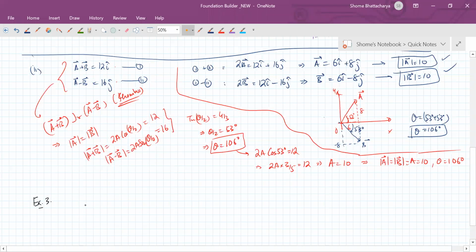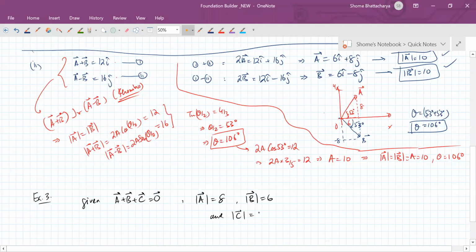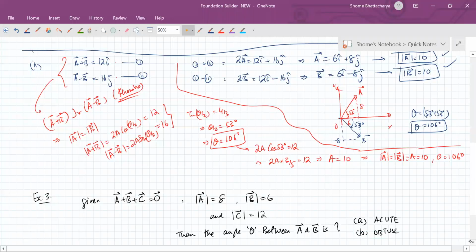Next example. So just select the correct option here.